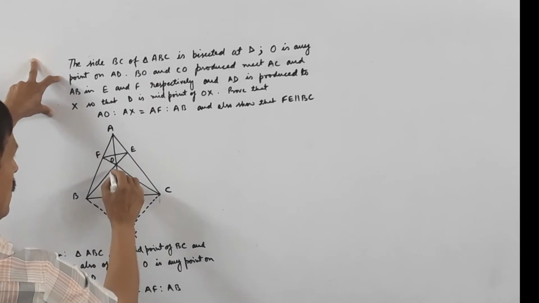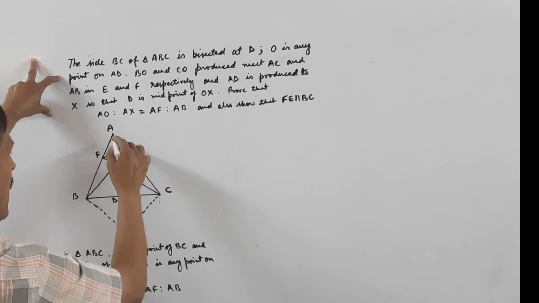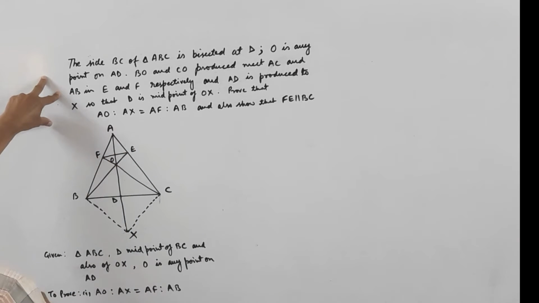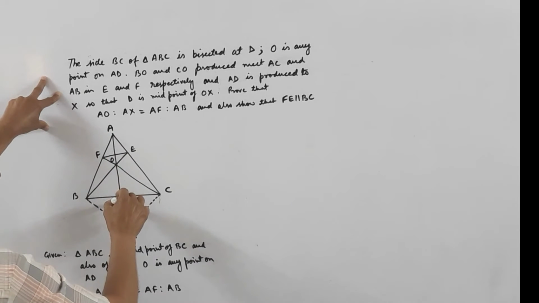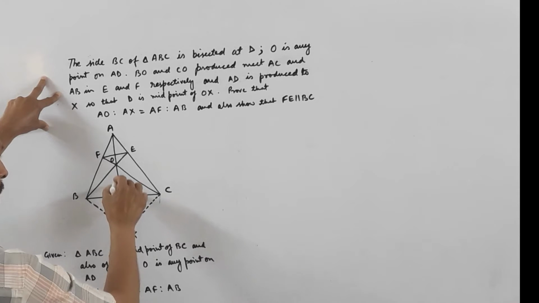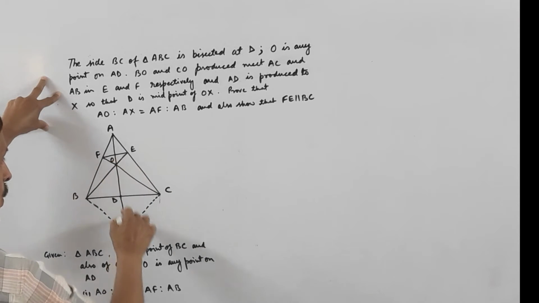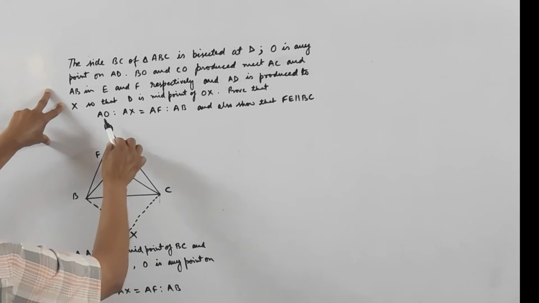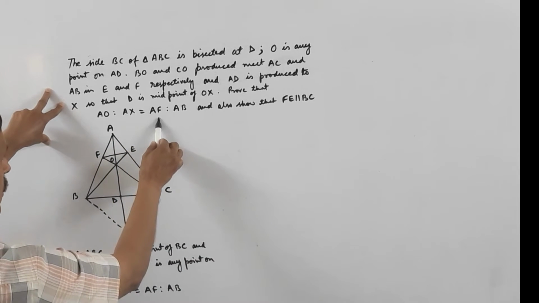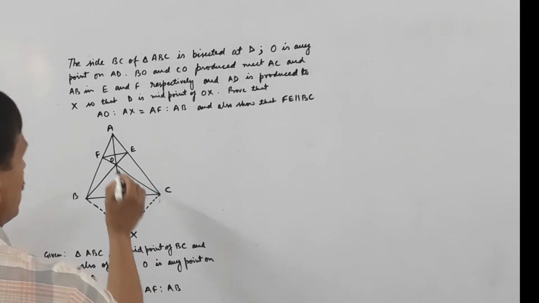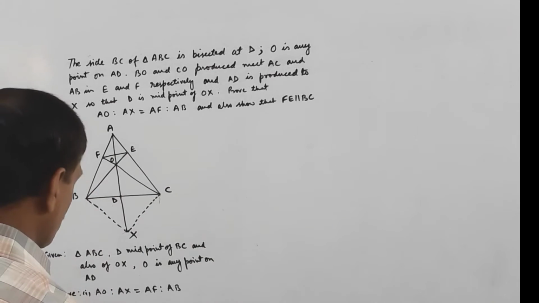BO and CO, BO produced and CO produced, meet AC and AB in E and F respectively, and AD when produced to X, D is the midpoint of OX. We have to prove that AO ratio AX is equal to AF upon AB, and also we have to show that FE is parallel to BC.